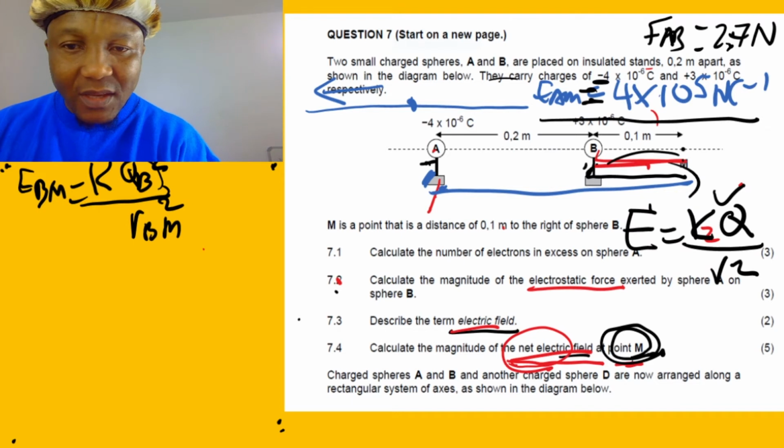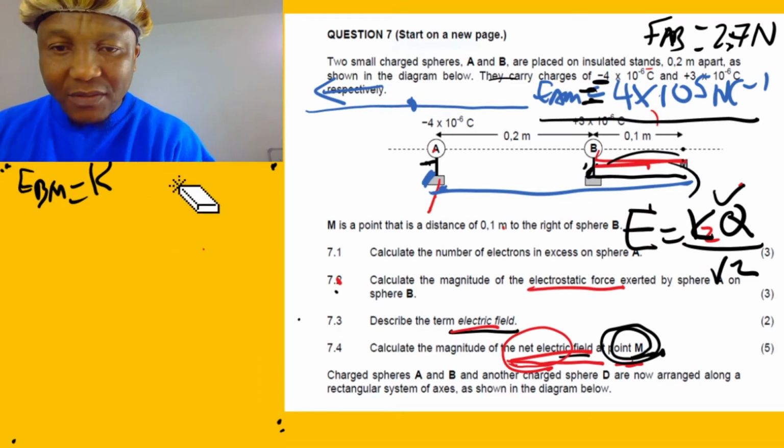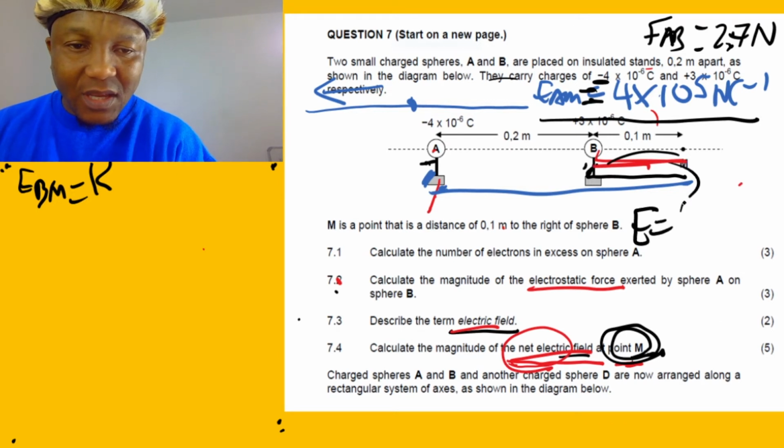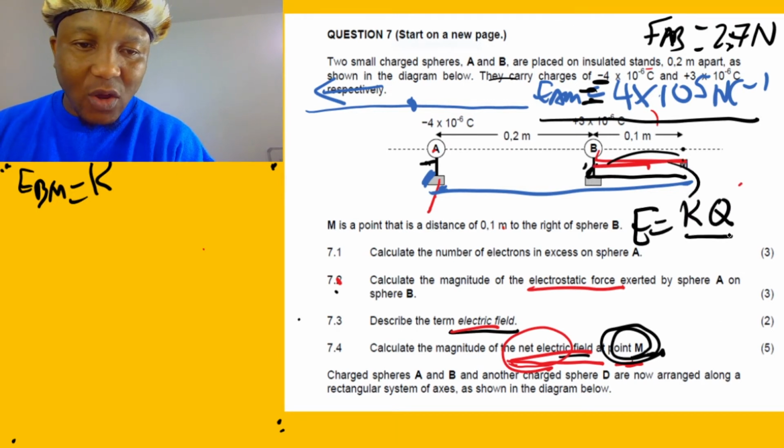We say electric field equals k times the quantity of charge over the square of the distance.